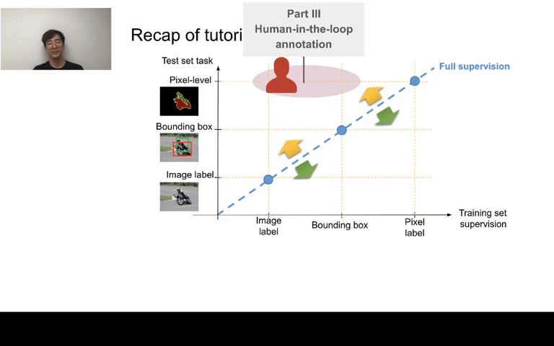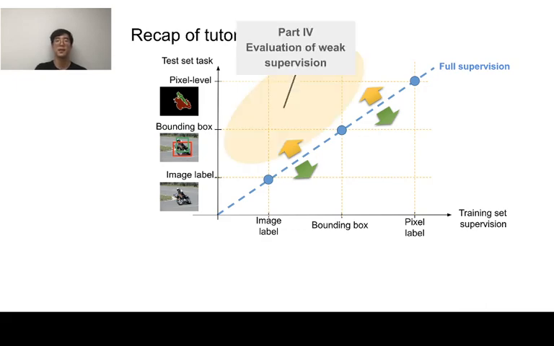Instead of fixing the type of supervision in the first place, the model actively asks the human user for the needed type of supervision. And this is called human in the loop annotation. And part 4 is a general topic for weak supervision: how to evaluate methods well.